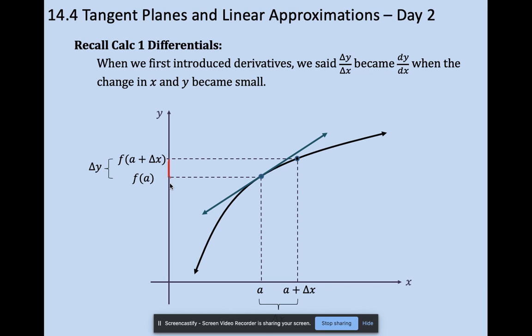But notice that when I plug in that new x, that x that is just a little bit further away from the point of tangency, when I plug that value into the tangent line, I don't get exactly the same value as the curve. It's off.